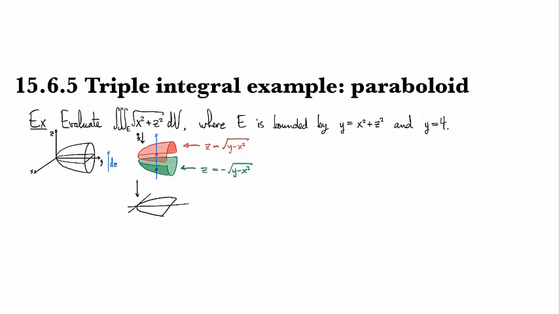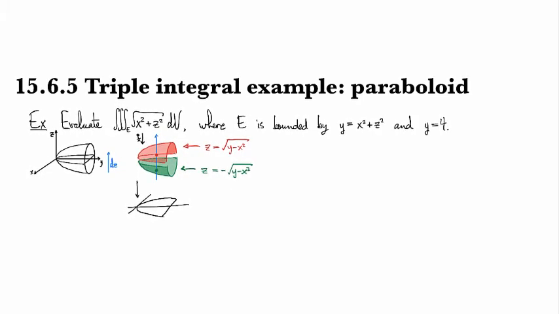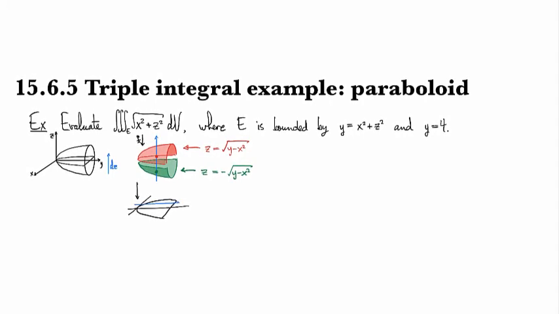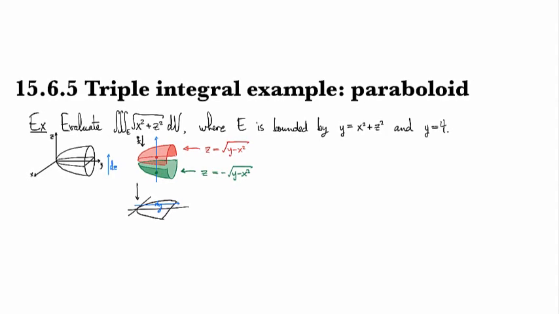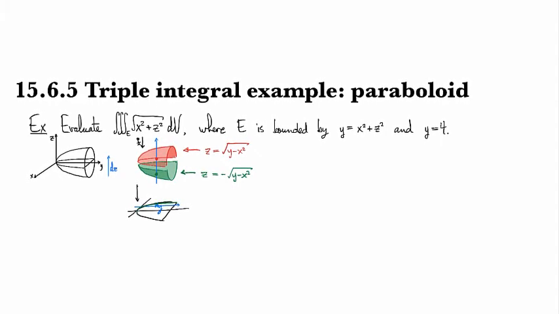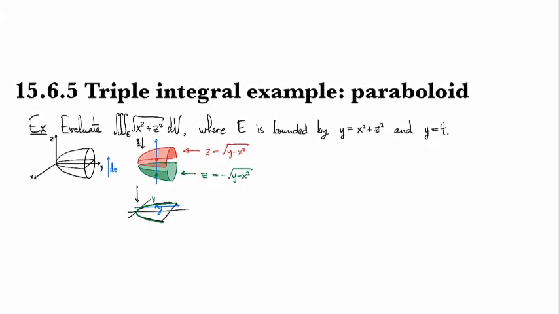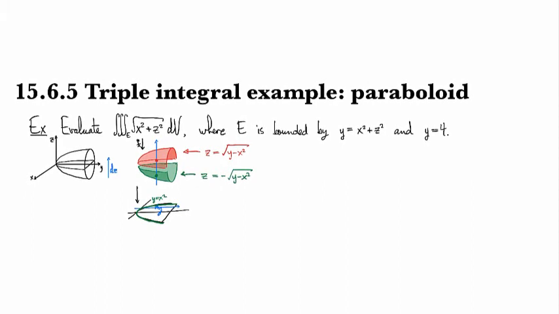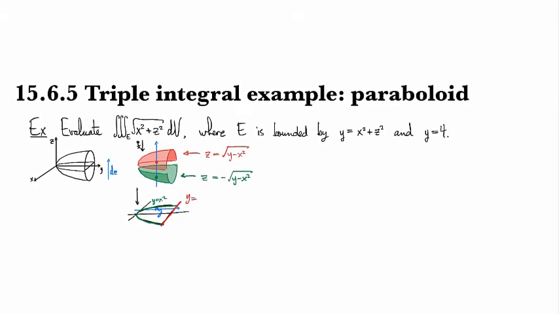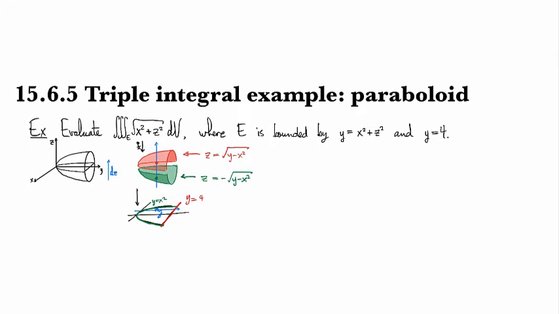If we were going in the dy direction here, we'd be going between y equals x squared and stopping when we exit through y equals 4.